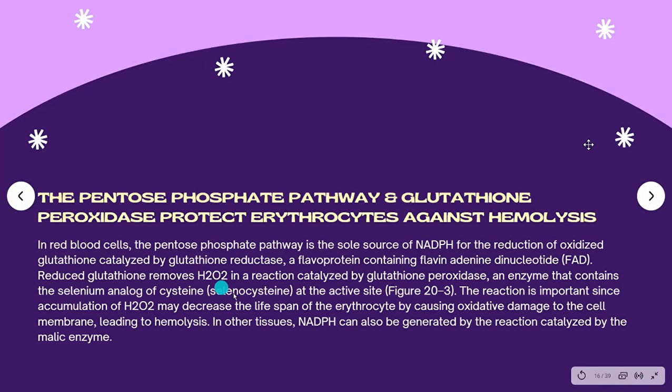Selenocysteine here is also very important. Reduced glutathione removes hydrogen peroxide, a reaction catalyzed by glutathione peroxidase, an enzyme that contains the selenium analog of cysteine, selenocysteine, at the active site.